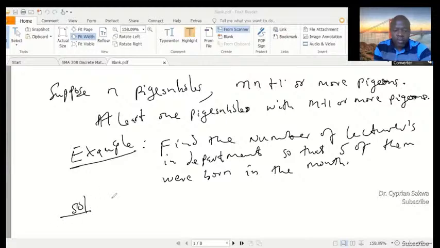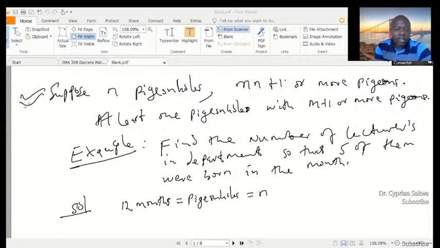For me to find the number of lecturers that must be in that department so that 5 of them were born in the same month, what I need to know is that in a year we have 12 months. These 12 months are our pigeonholes, and this is n in our statement.